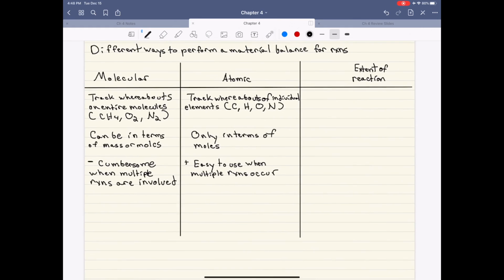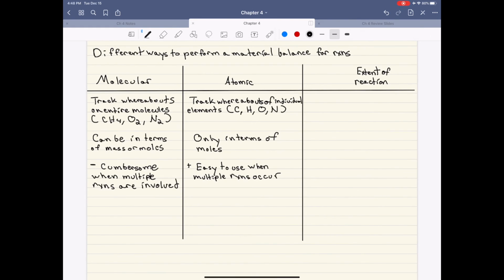Right? Now, the other type of material balance that I recommend for reactive systems is the extent of reaction material balance. Okay? And so in this sort of material balance, you're also tracking the whereabouts of entire molecules. But what you're doing it in terms of the extent of reaction, which we introduced in the previous video. Okay?